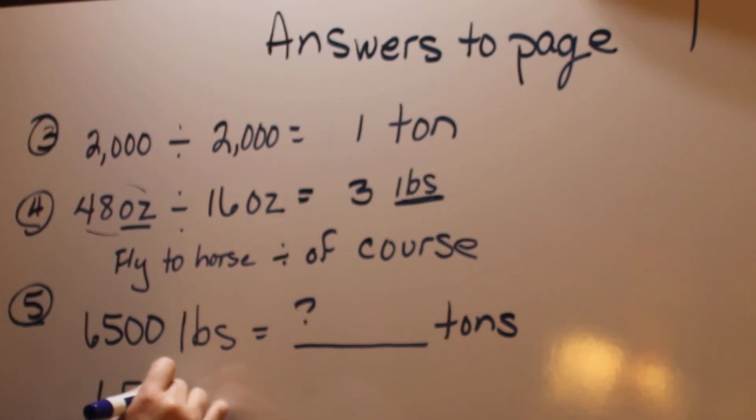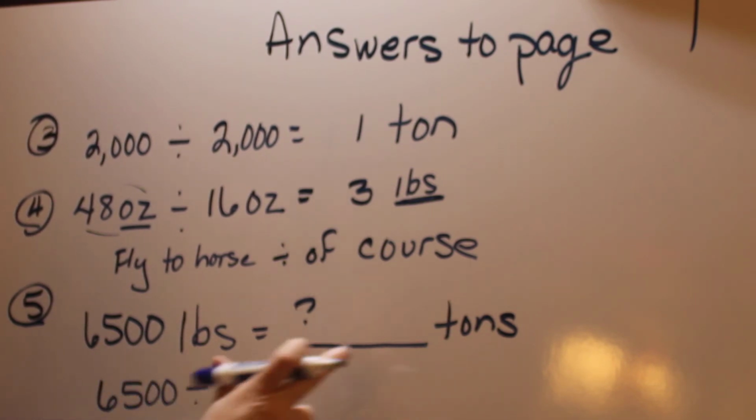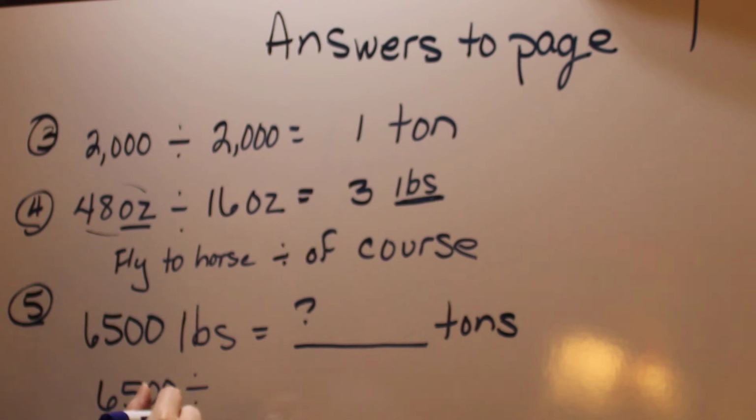In 1 ton there are 2,000 pounds, so I need to divide by 2,000. What irritates me is that they shouldn't be asking you to do this, but anyway.